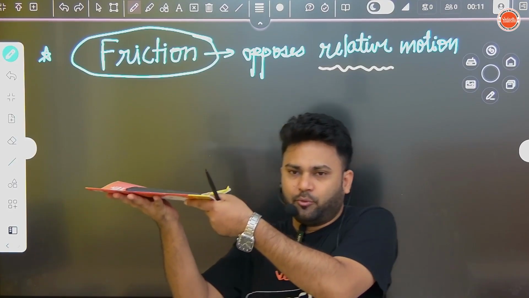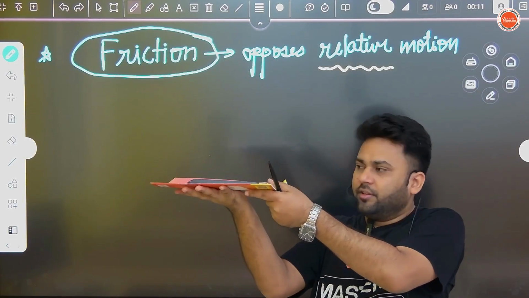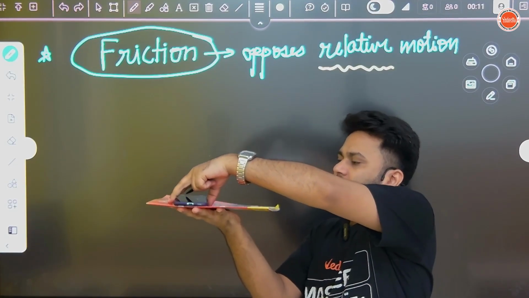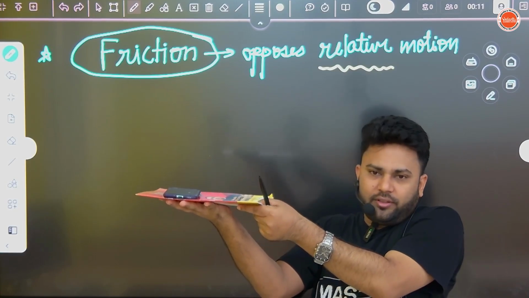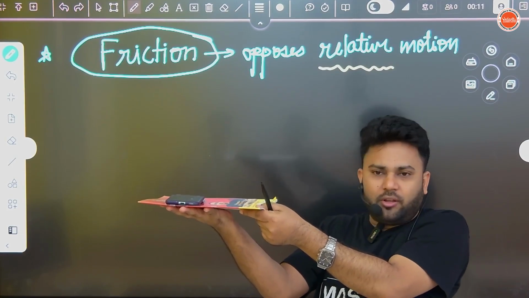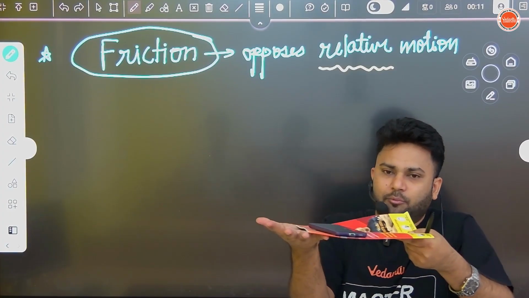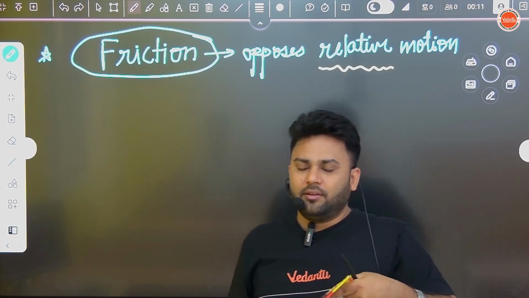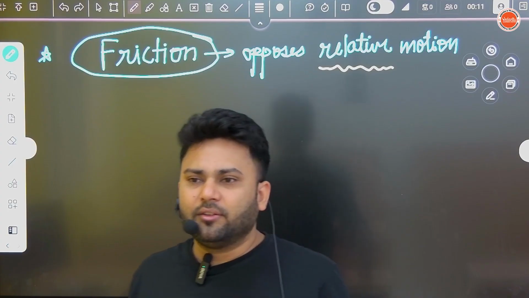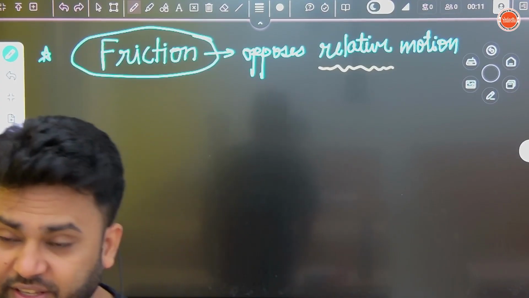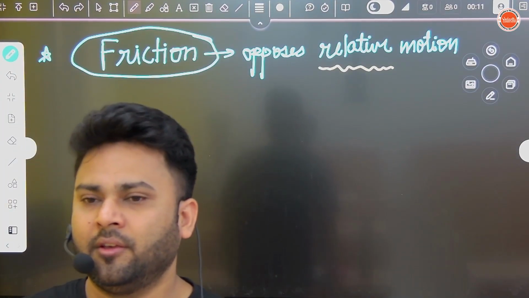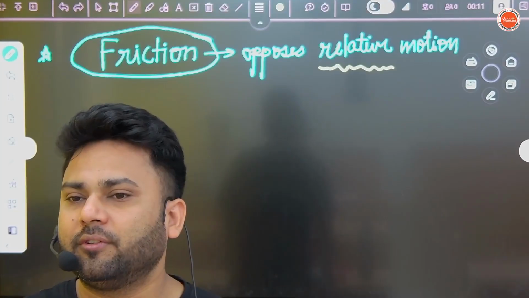I applied force only on the book. I am not applying any force on the mobile. But if I am pulling like this, the mobile is also coming. But I didn't apply any force on the mobile. So how is the mobile coming? Because there is friction. Friction is helping it to move.